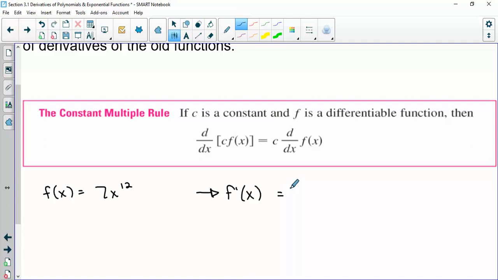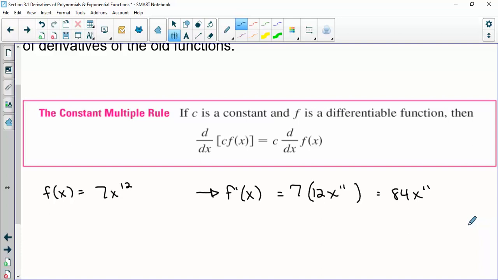That 7 is just a coefficient, so you basically do 7 times the derivative of x to the 12th. What's the derivative of x to the 12th? And so then you can multiply the 7 and the 12 and you get 84x to the 11th. So it's saying we can still do the derivative if we have a coefficient. It's just going to be multiplied with our derivative.